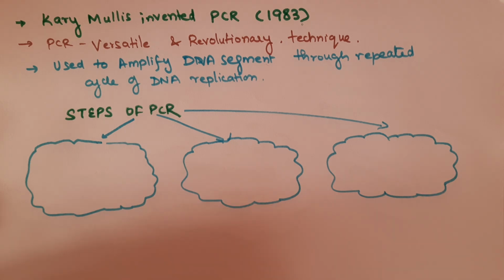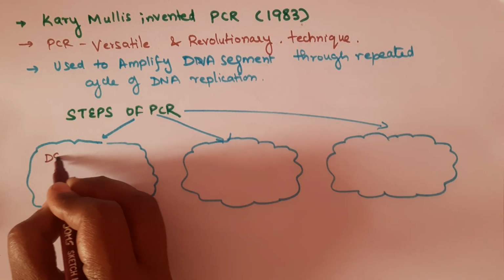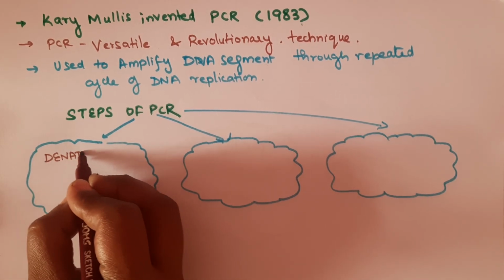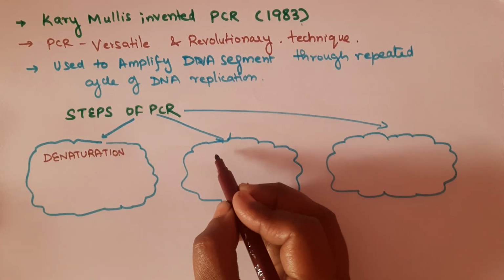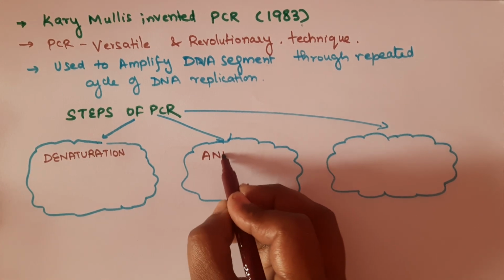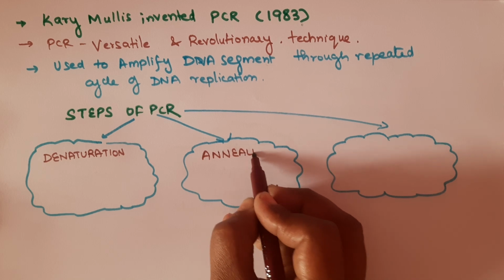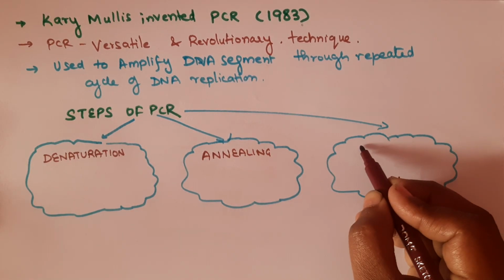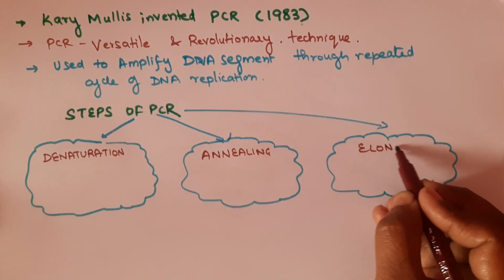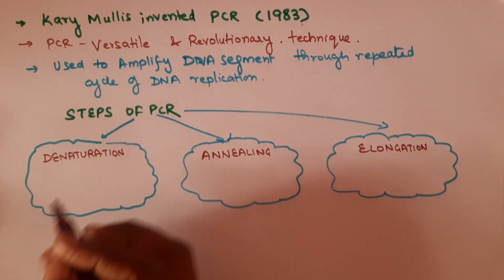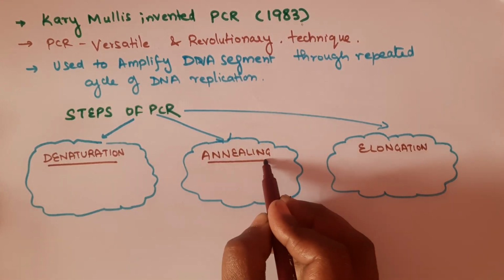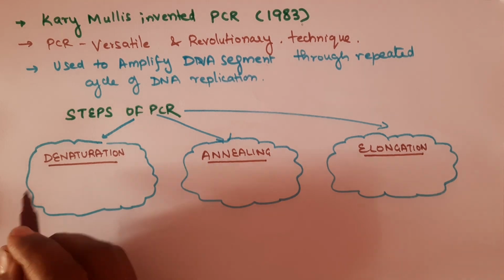The first step is denaturation, the second step is annealing, and the third step is elongation. Now let's see what happens in each step. First we will start with the denaturation.